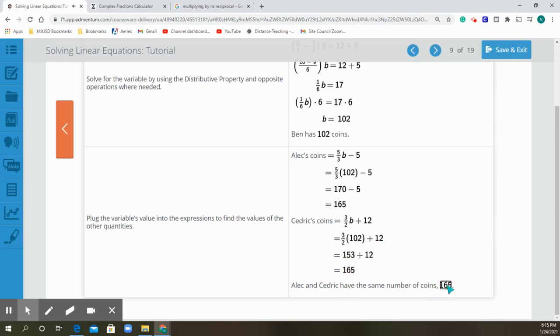Alec and Cedric have the same number of coins, 165. All they're doing is plugging in what Ben has for the B in their individual expressions to see if it's true and accurate.